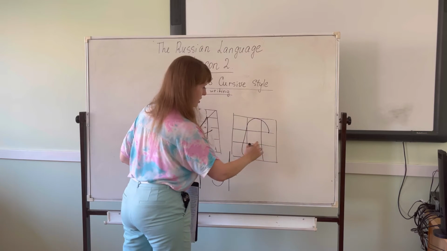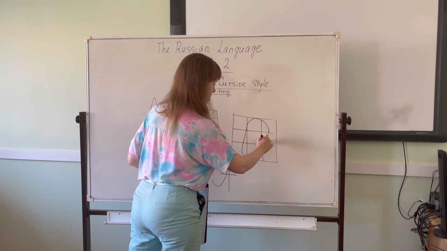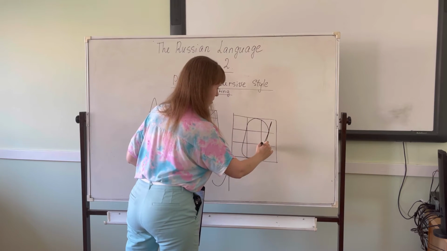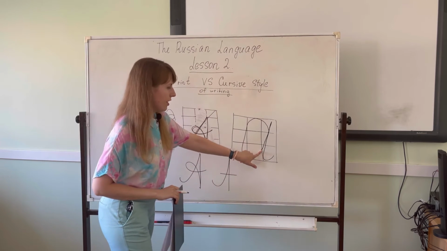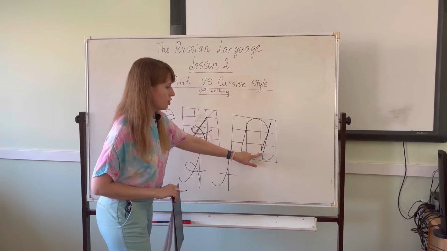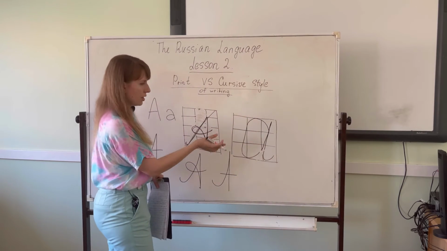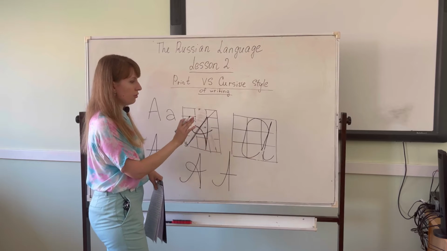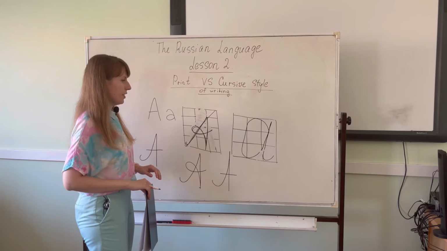It looks like an English C. And then just keep drawing and a hook, something like that. You will have an angle between the circle, the oval, and the hook. So it's a typical Russian cursive R, the lowercase cursive R.